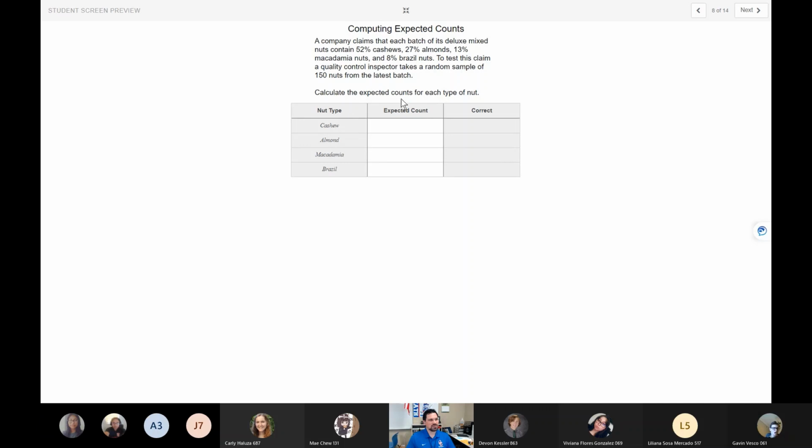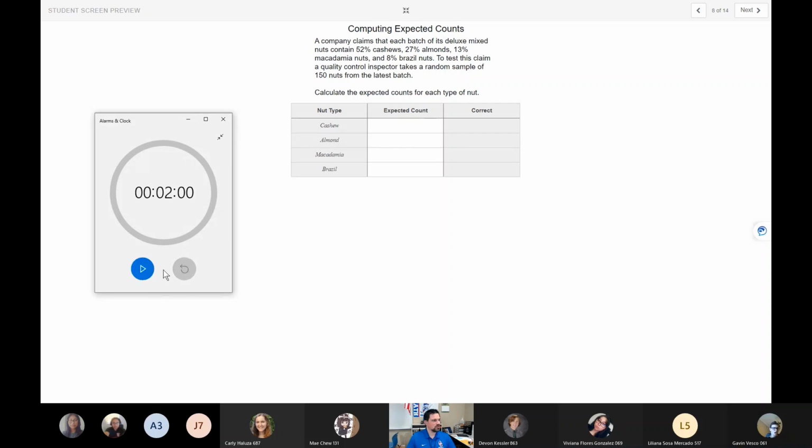Calculate the expected counts for each type of nut. Again, this will automatically check your responses. Also remember, for an expected count, it's okay to have a decimal. We do not need all these results to be whole numbers. We'll give you a couple minutes to calculate this one, and then we will talk about it.